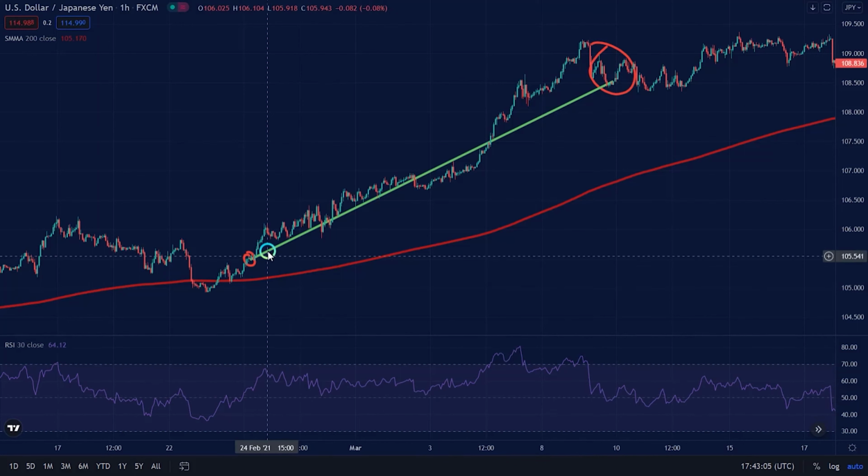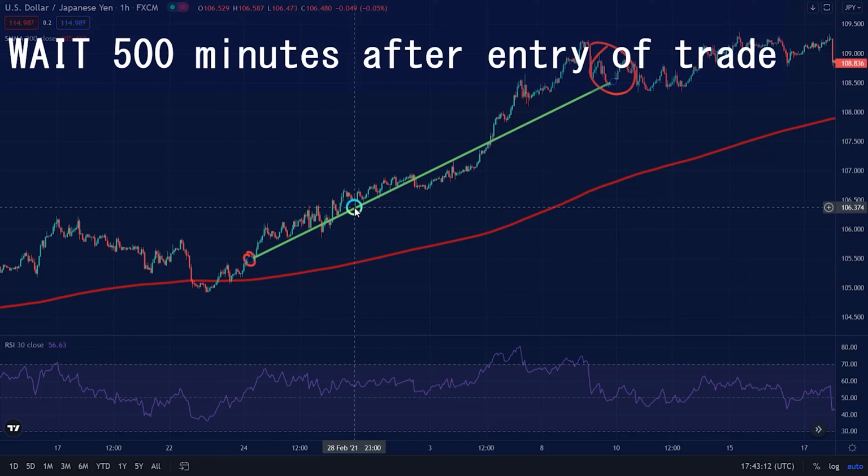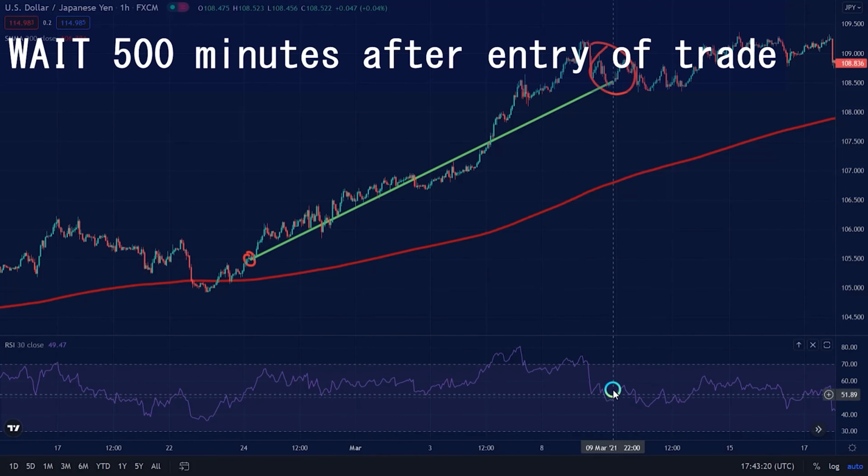And one more thing, you should wait 500 minutes after you enter the trade, and only after 500 minutes can you start to look for the dynamic exit, which is the crossover to the upside when the 30 period RSI crosses above 50.